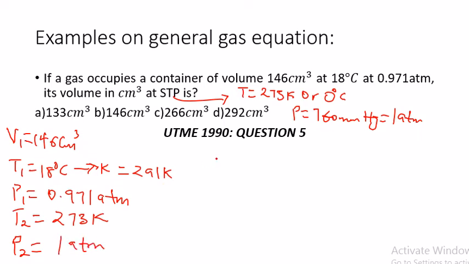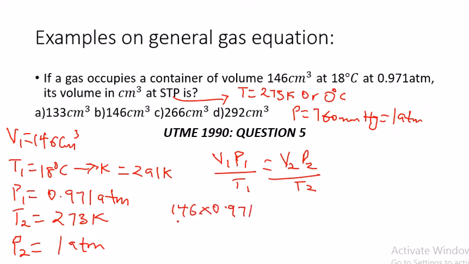Go ahead and write your general gas equation. Substitute your values. Your V2 is unknown. That is what you're looking for.